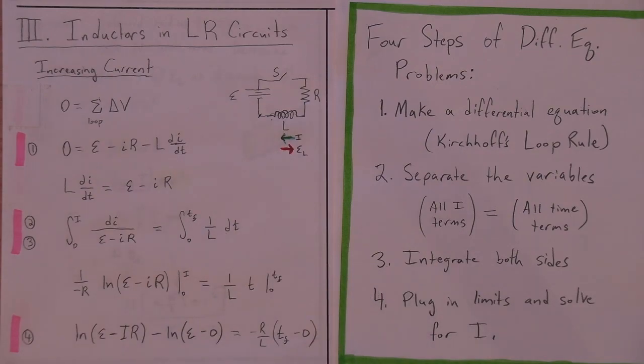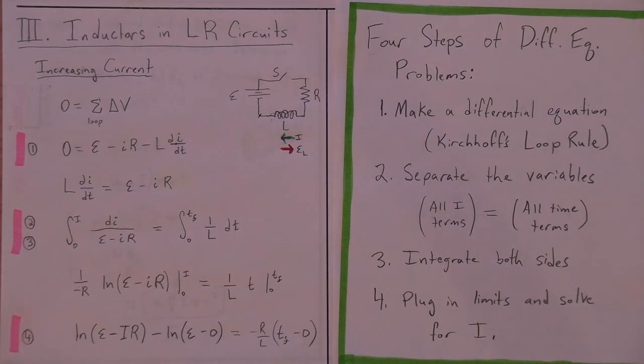Now I integrate both sides. So this is steps 2 and 3, the variables separated. I integrate from current 0 to some later current, and from time 0, when my experiment started, to some final time.